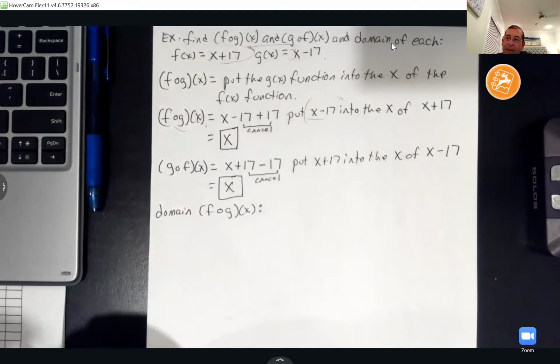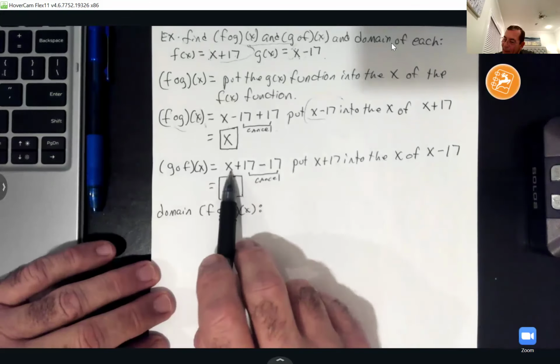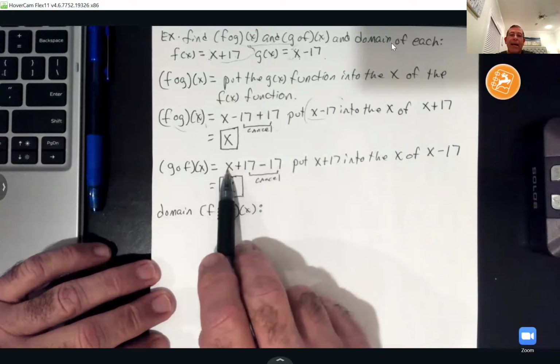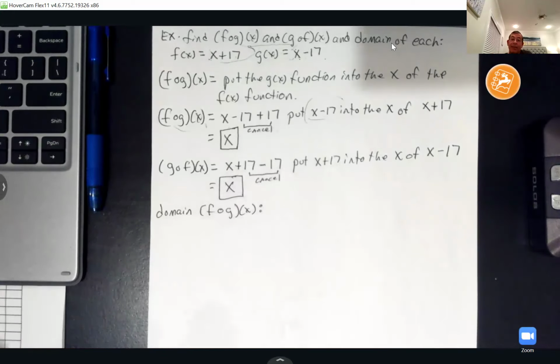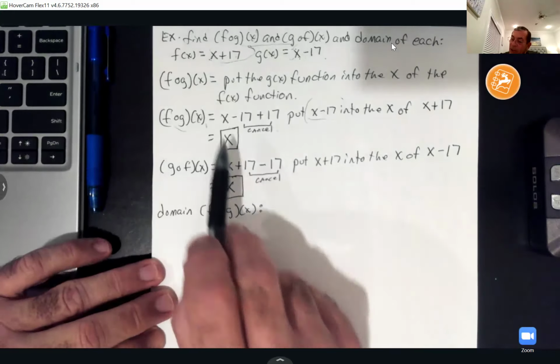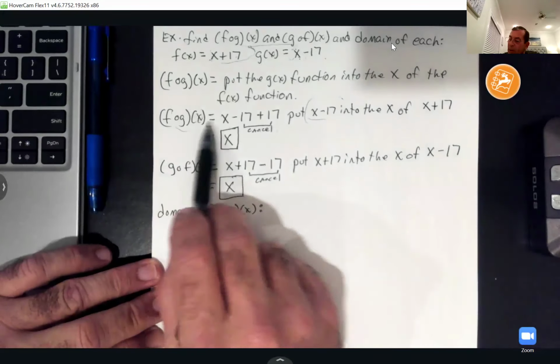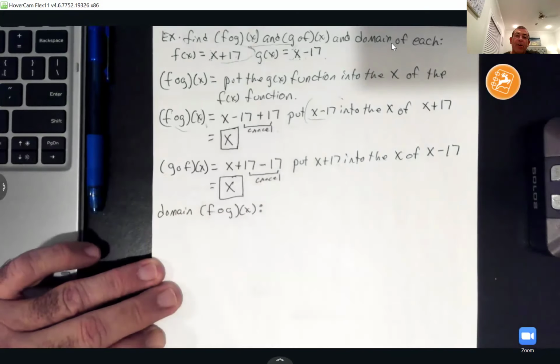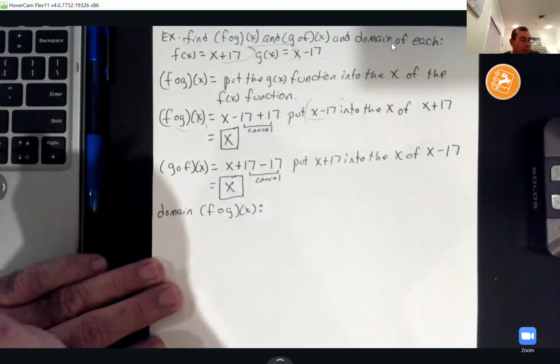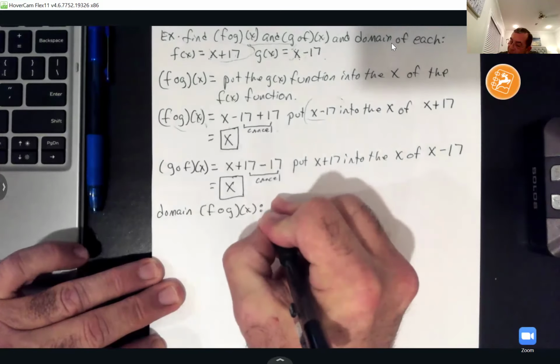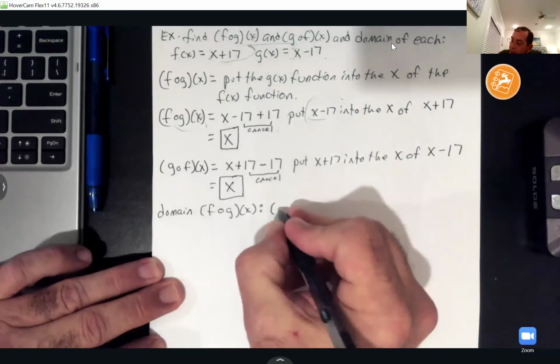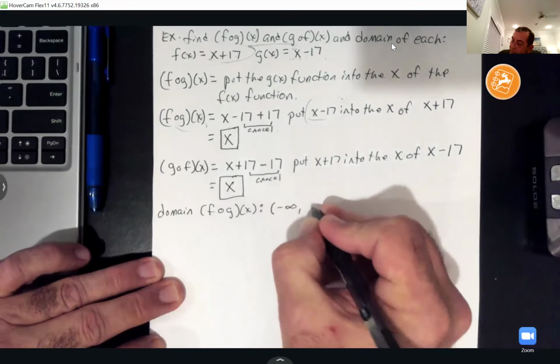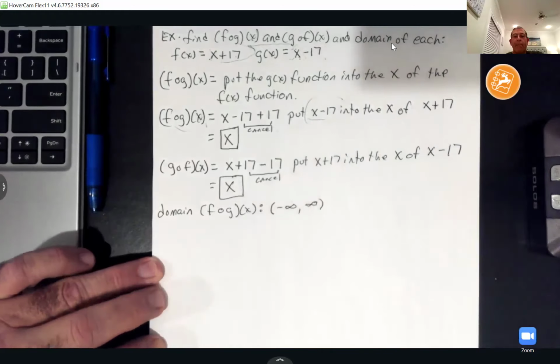Do y'all see any fractions? Well, I don't see no fractions. I got an x of 17 and a negative 17. So remember, since there's no fractions on this f composed g, that means my domain is all real numbers. But remember now, to represent all real numbers, I'll use negative infinity to positive infinity.